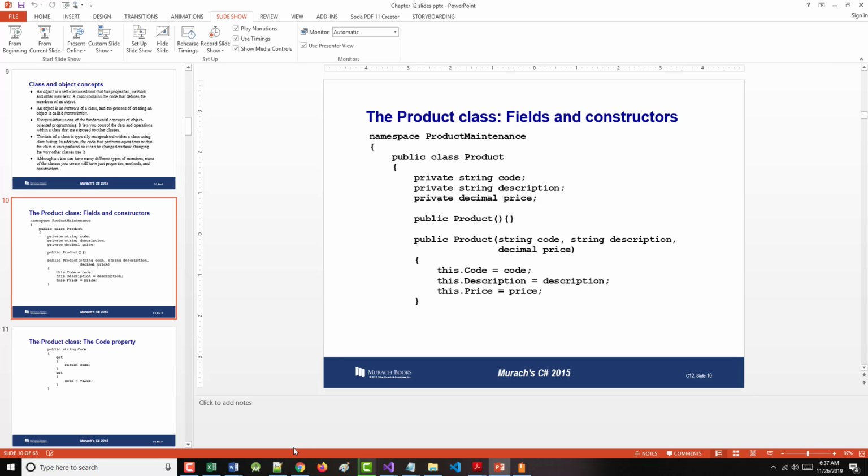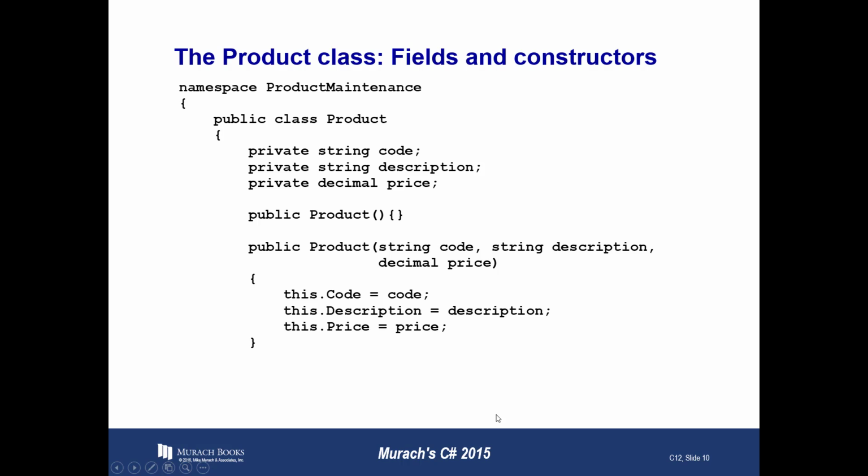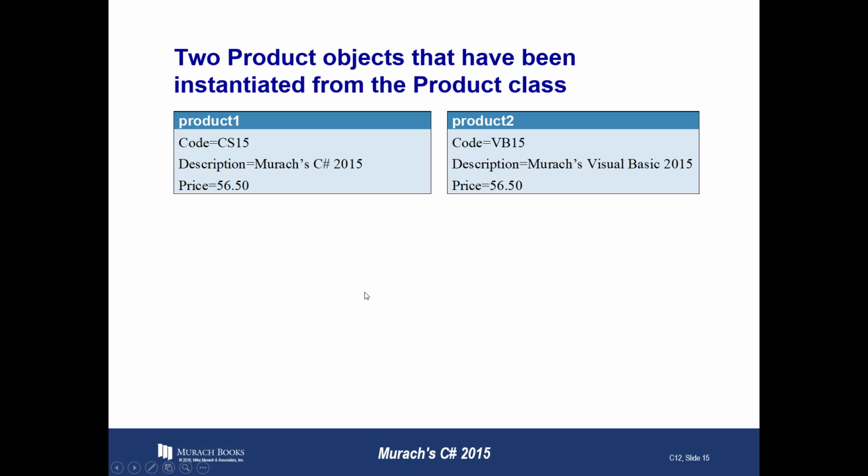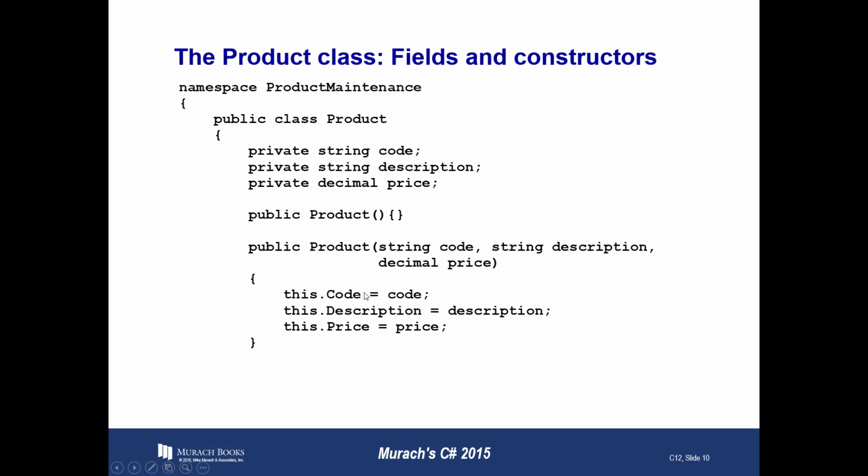We had been talking about a product class. So this is one way that that product class could be created. Now, a couple things to notice. Let's start with what we have here.